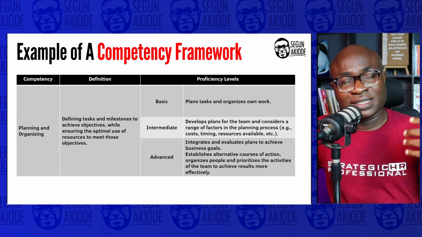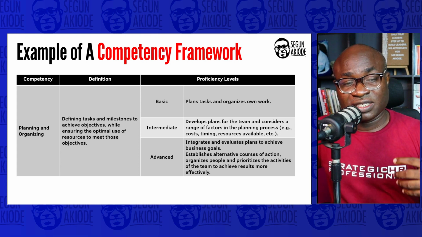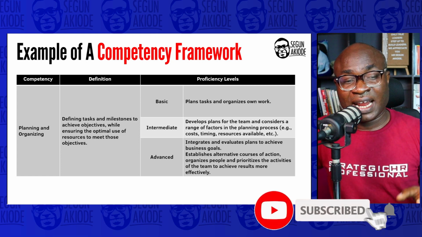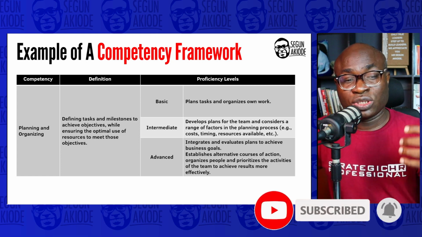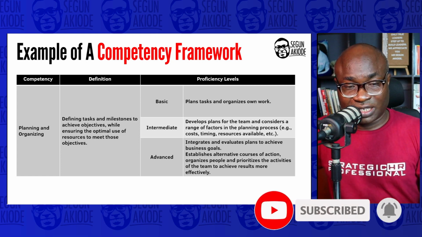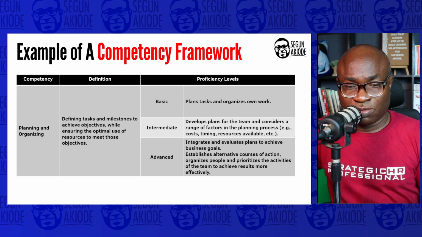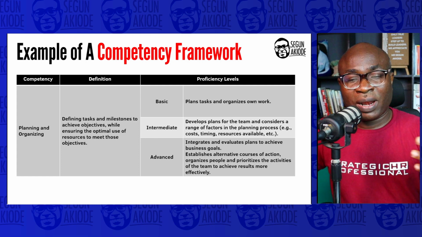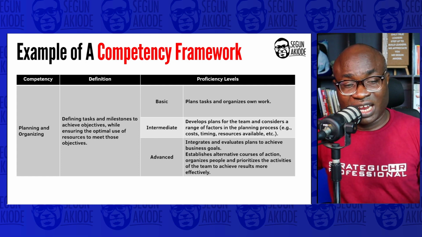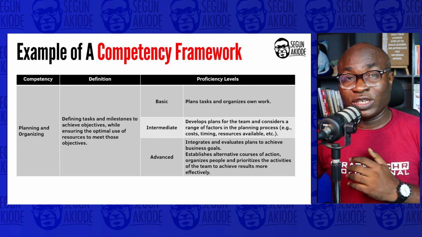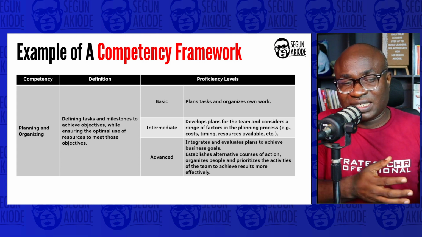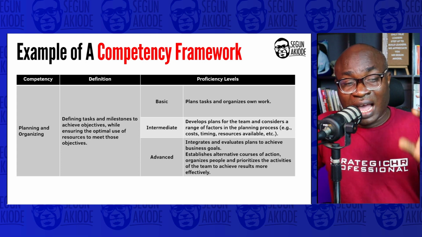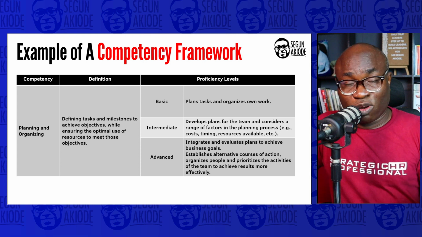So someone that has planning and organizing as a competence: planning and organizing is defined as defining tasks and milestones to achieve objectives. What's the basic level of demonstration? You are planning your own work. At intermediate level, you are planning for your team, and at advanced level, you are planning for the business. So that's a typical example of planning and organizing as a competence.